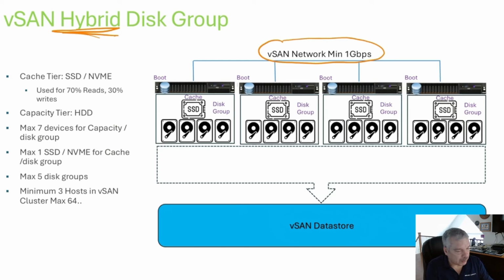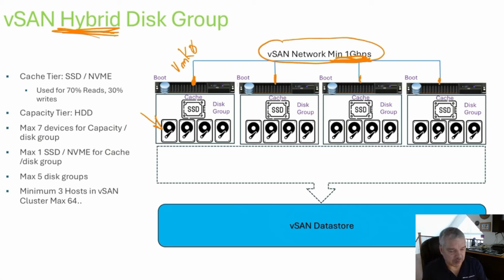In this example here, using the hybrid, since you have these slow disks here, a minimum you can get away with is 1 gigabit per second cards. You probably have teaming going on here for redundancy. This would be a VM kernel port. Sort of like your vMotion, you create a VM kernel port connection and you say, I want to use it for vMotion. Same thing here, you go, I'm going to create a VM kernel port on this host and I want to enable it for vSAN. You'll see that in my demo, okay?